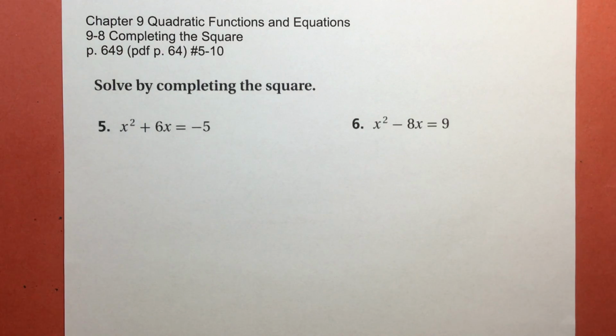I should have mentioned this earlier, but as we go through Chapter 9, we've talked about different ways to solve equations. You can graph the related function and find the zeros. You can solve by factoring. Those two things do not always work though. You can take the square root.